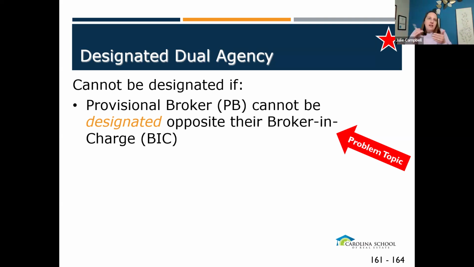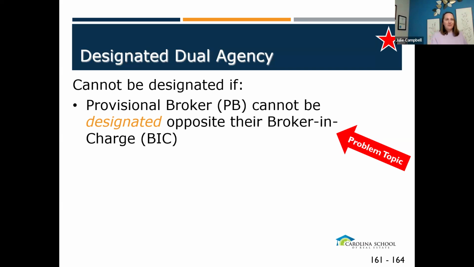But due to the very nature of their relationship, the BIC should know something confidential about the PB's client because they should have been involved. They should have been there. So due to the very nature of their relationship, they just took it off the table. Hear me. They can be in dual.